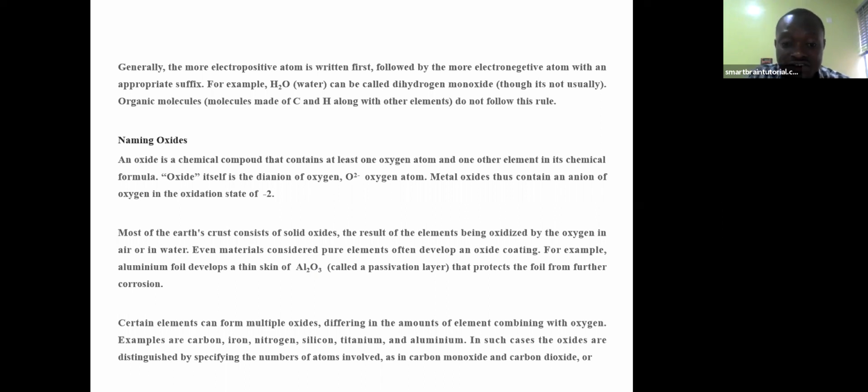Oxygen, which has an oxidation state of -2, needs to be balanced. So the only way to balance is to multiply the +3 by 2, which gives us 6, and also multiply the -2 by 3, which will also give us 6. That is why the formula for aluminum oxide is Al2O3, just as it is here.